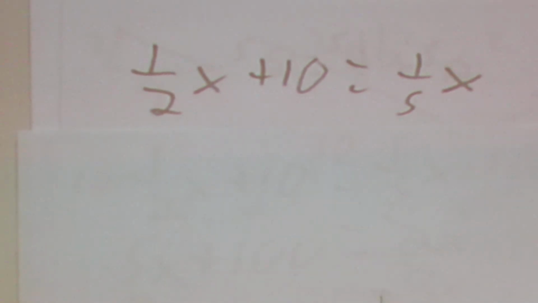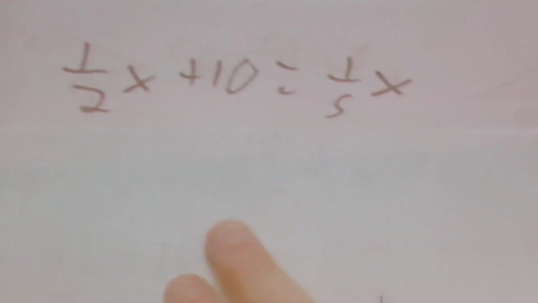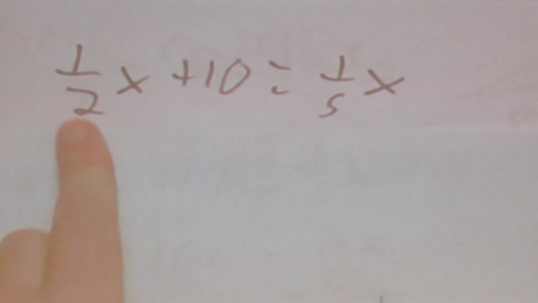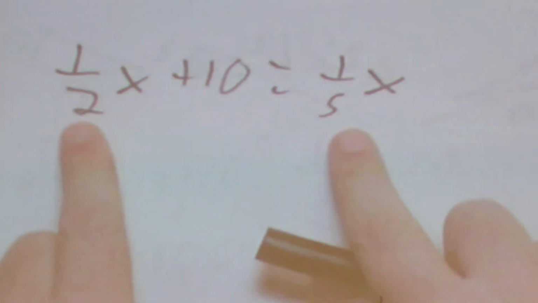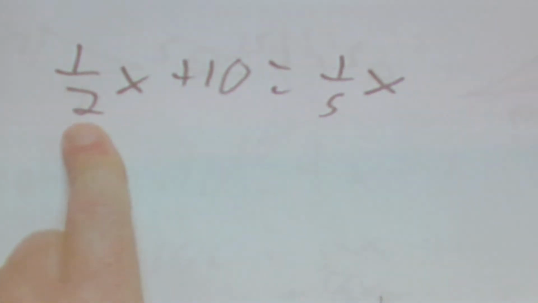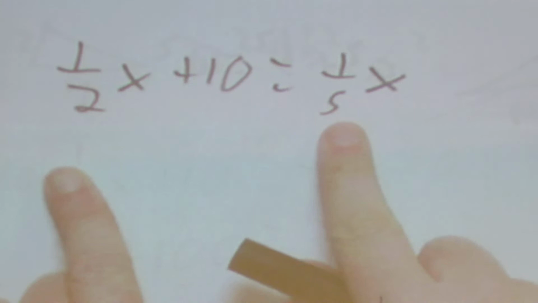So what we want to do is find the least common denominator of all of our fractions and multiply everything by that. So the only denominators we have are 2 and 5. So the smallest number that both 2 and 5 will go into is 10. So we're going to multiply 1/2 x times 10, 10 times 10, and 1/5 x times 10.